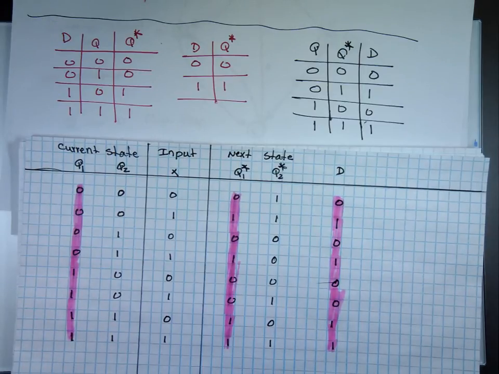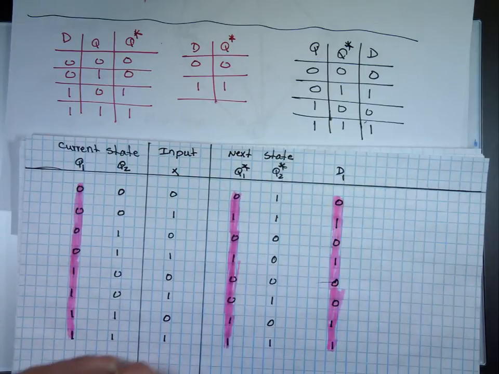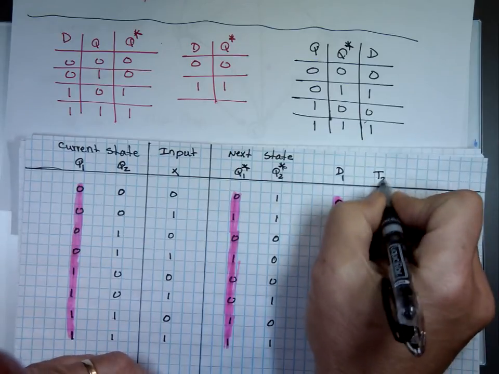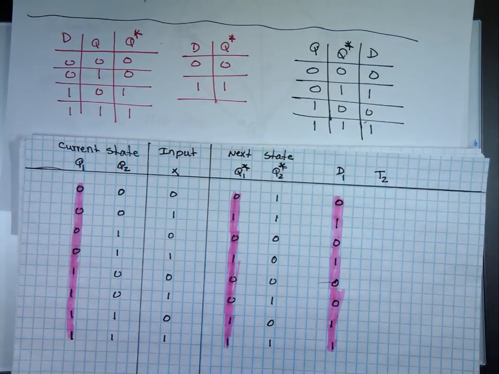So that's D1. The first flip-flop is a D. The second flip-flop is a T flip-flop. I call it T2. 2 means the second flip-flop. And for that, again, we'll use a different color so I know where to look.